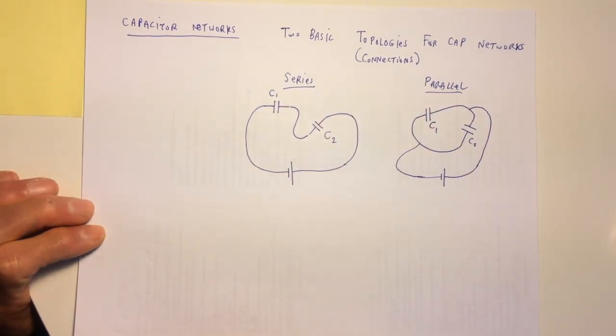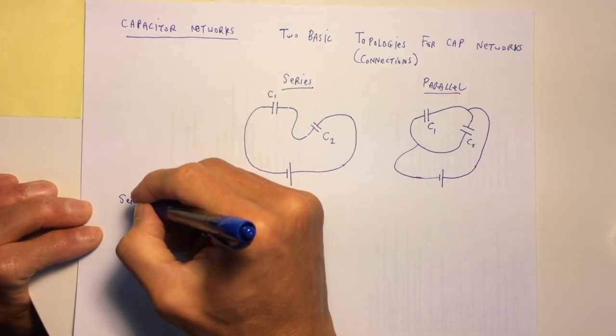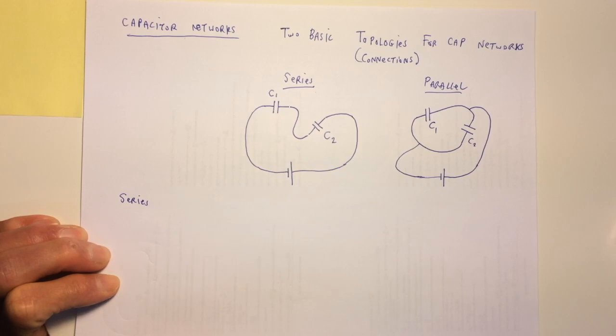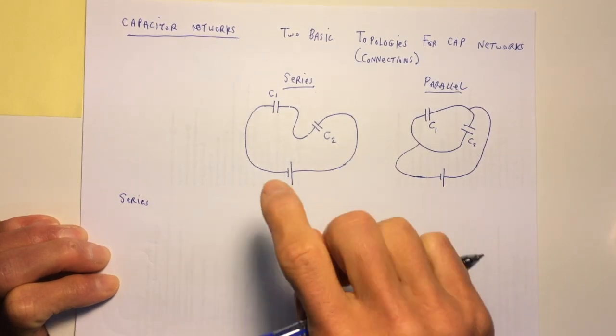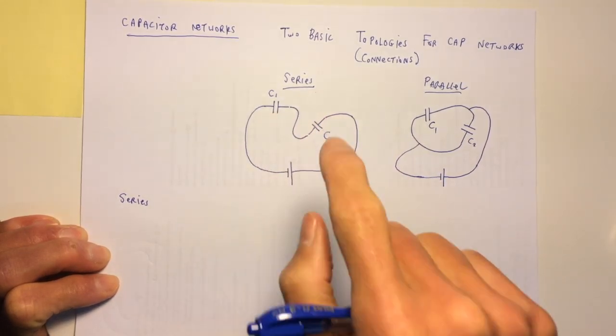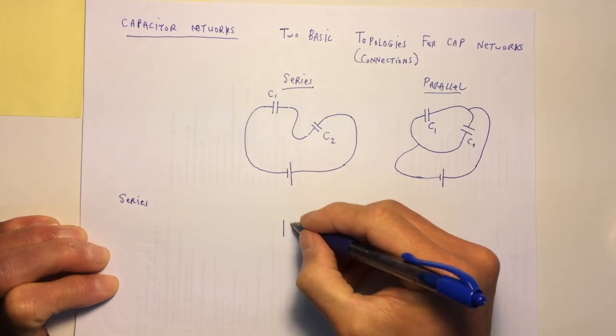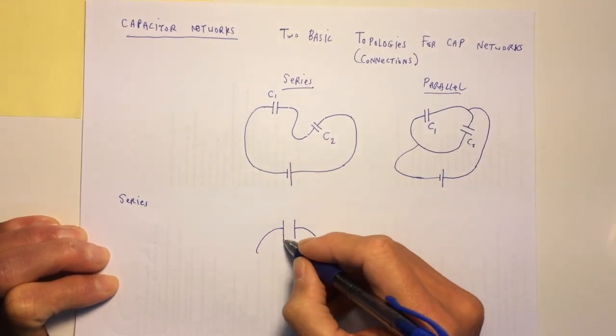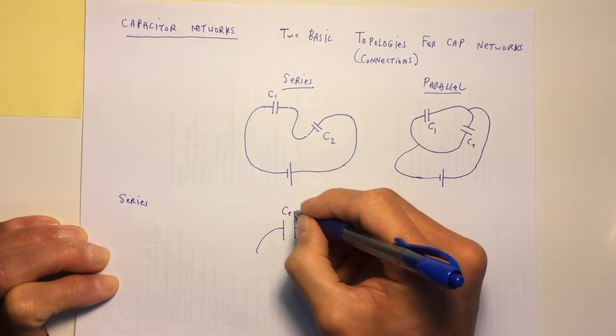So it turns out, for the series case, let me give you the answer. In this series case, I'm going to replace the two separate capacitors with one effective capacitance called C effective.